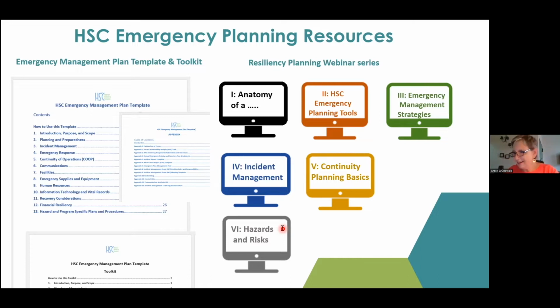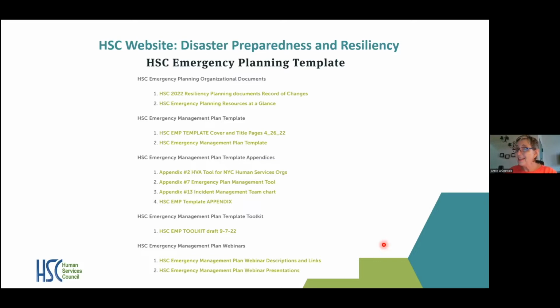But before we get there, let's show you some resources. This is what the tools look like on the HSC website right now. It's divided into organizational documents. I'm going to show you this resources at a glance in a moment because it gives you a big picture of all the resources there are. Here is the template. We have a separate cover page. Here are the appendices.